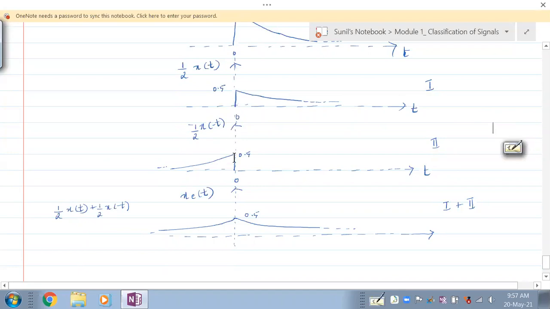So if you add the signal at t equal to 0, it is supposed to be 1, but we write 0.5 because this is the signal which comes and ends at 0.5. This is also a signal which comes and ends at 0.5. So we rather don't actually see at t equal to 0, but we see what's happening from minus infinity to 0 and what's happening from 0 to infinity.